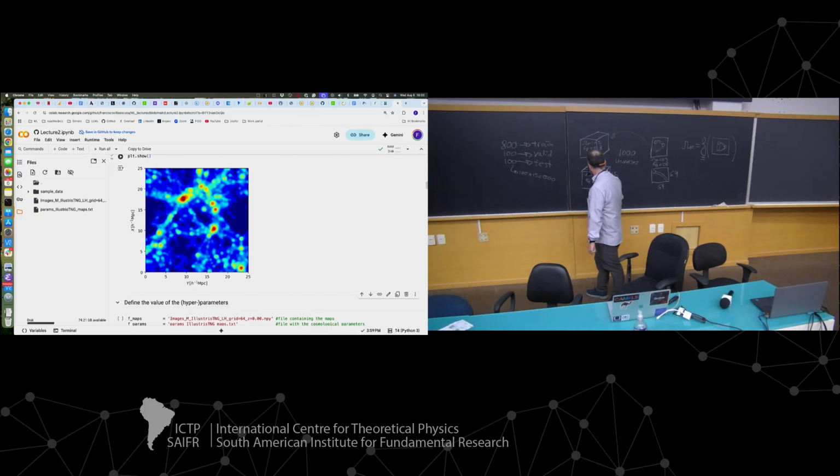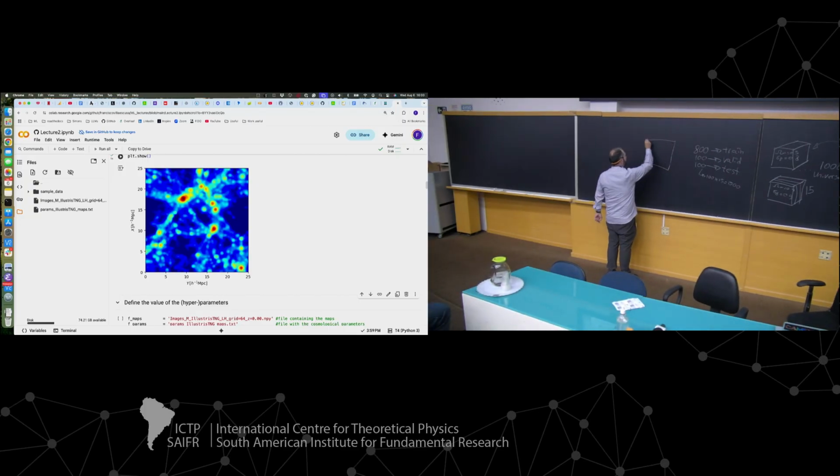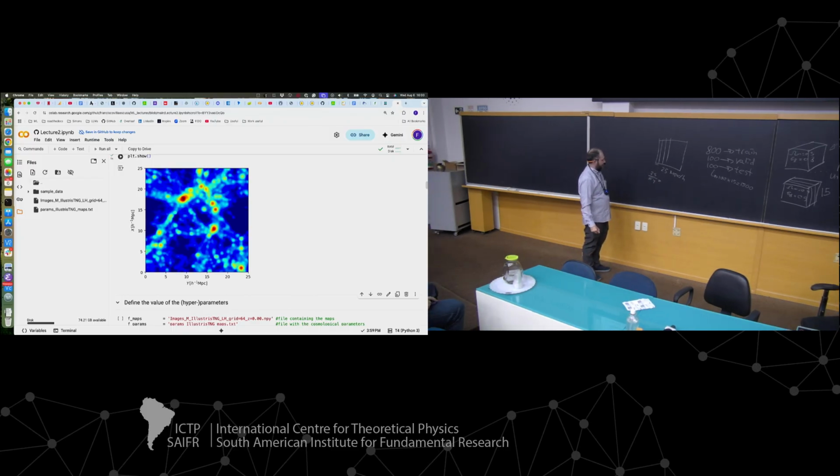So let's do the calculation. If this is our image, and this is 25 megaparsec, and I have 64 pixels, then each pixel will be 25 over 64, which I don't know exactly how much is this, but it should be around 0.1 or something like that.